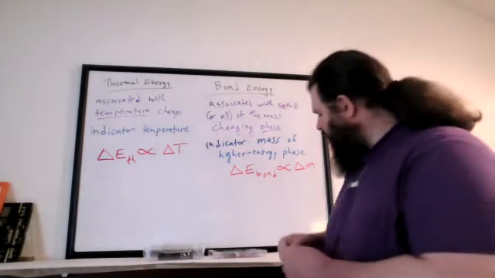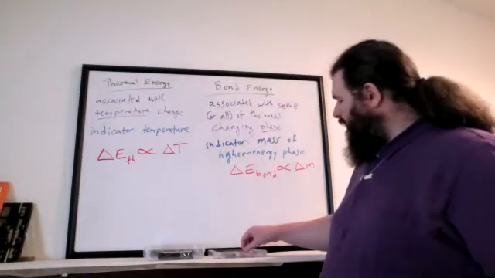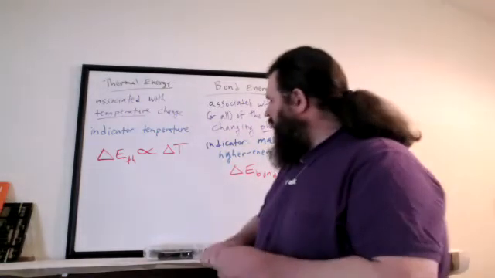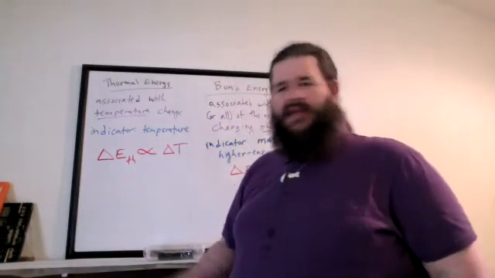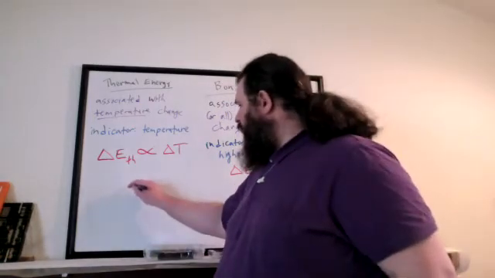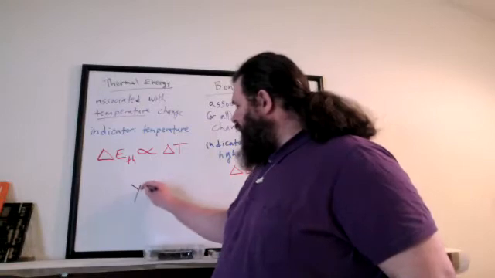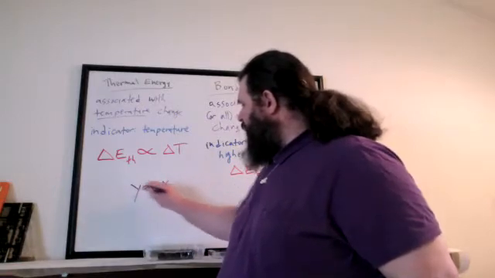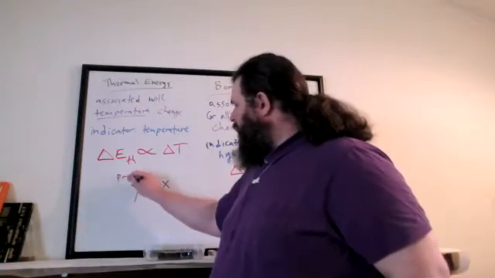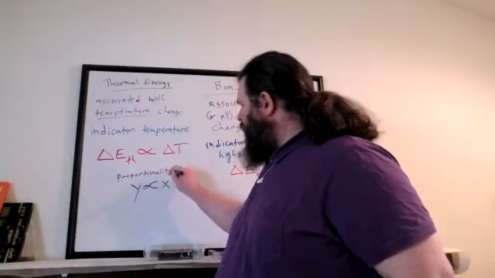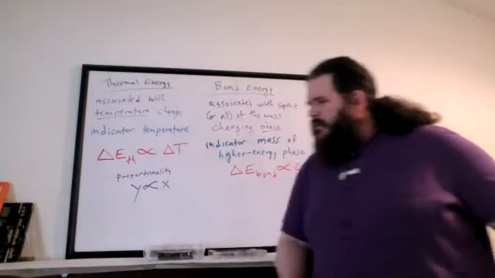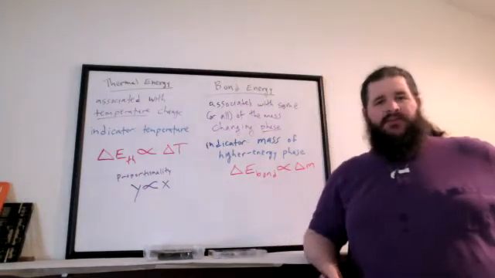If we have this idea of proportionality, let's say we have two variables, x and y, and we're saying that y is proportional to x. What do we mean when we claim that y is proportional to x?